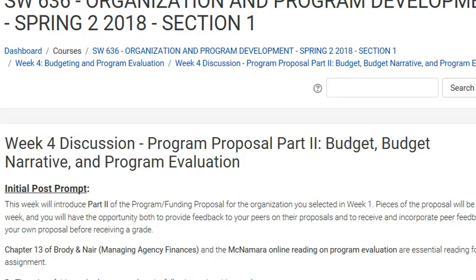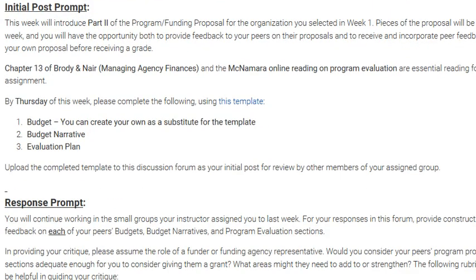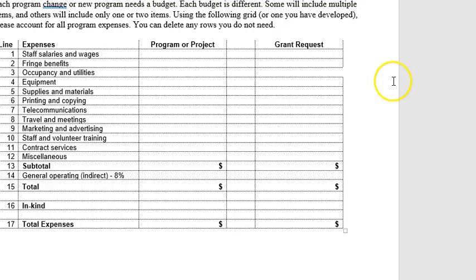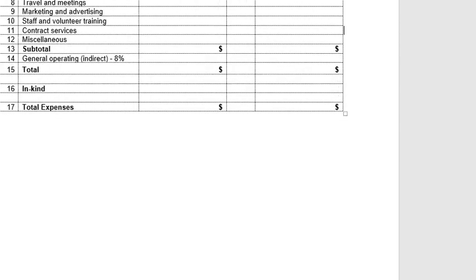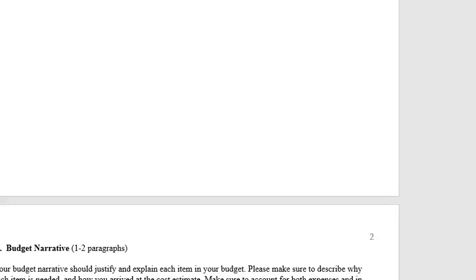And so for part 2, you are going to be looking at the template. And the template includes doing a budget and also doing a budget narrative. And remember, with budgeting, there are many ways to do a budget.